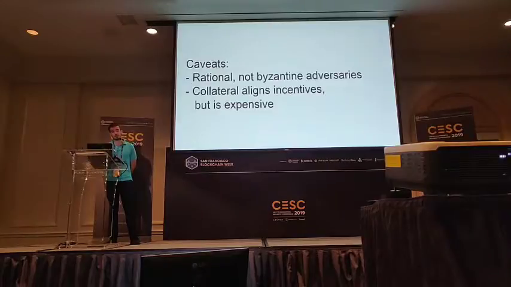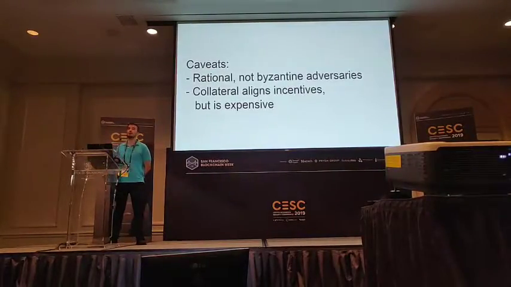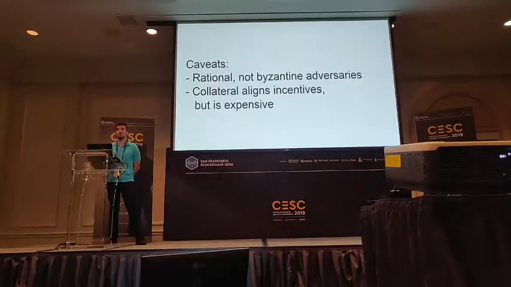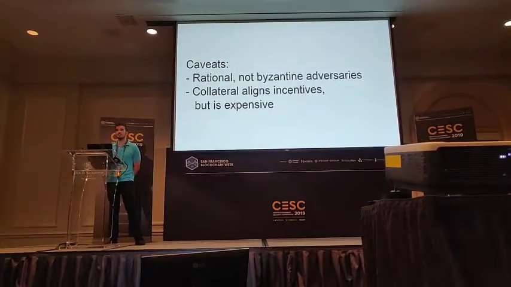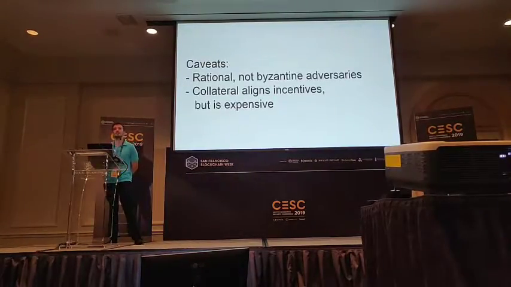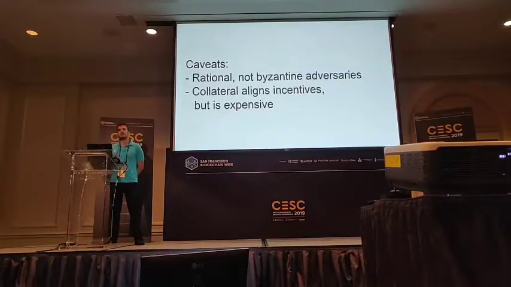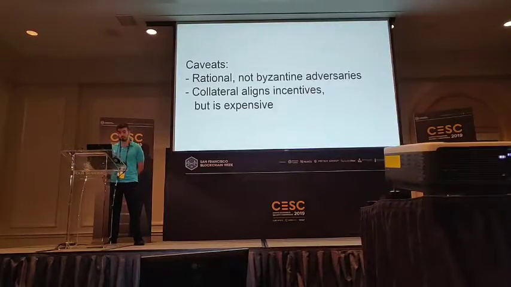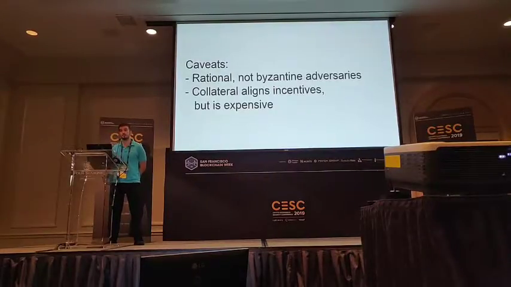And the problem with all the tactics to do sidechains is that they take care of rational and not Byzantine adversaries, because if I want to steal your money, or if I'm a state actor and don't want you to transact through whatever coin, I don't care about the money, I'm going to be Byzantine. And also, collateral does align the incentives, but why would I put my collateral up to protect your money and follow the consensus rules, and not put it into Compound Finance and earn whatever interest exists for that?